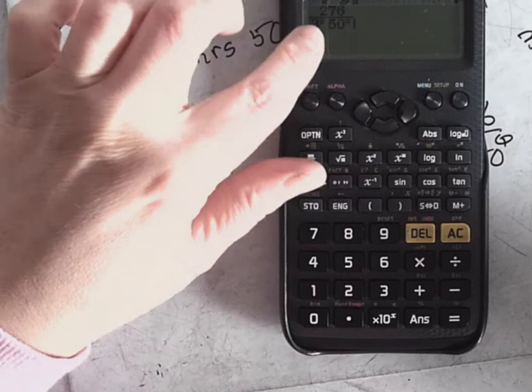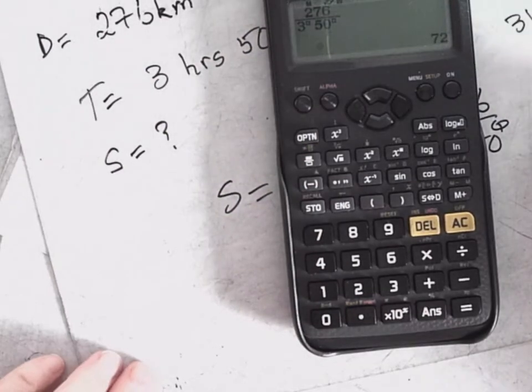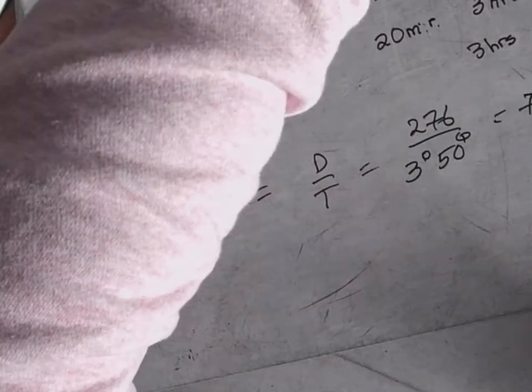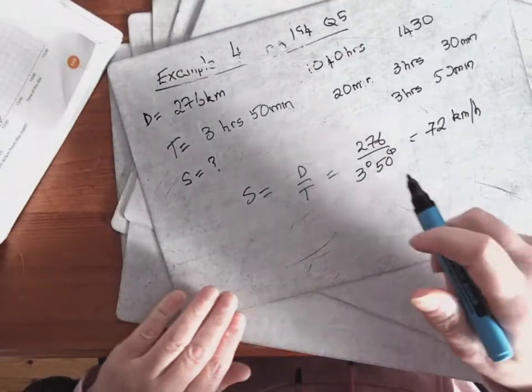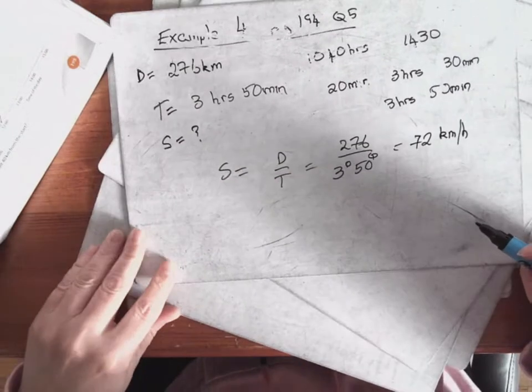Don't forget to log the minutes every time. Okay, equals, and that would be 72, and it's kilometers per hour. Okay, so that is that example. Example 4. Right. Okay, I'll leave you to jot that down.